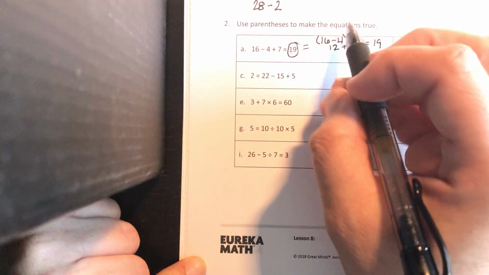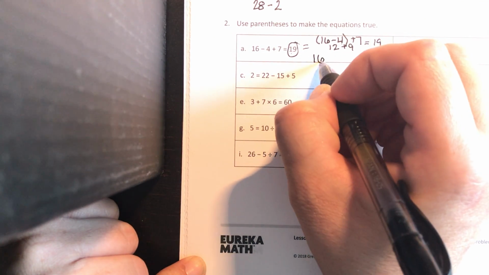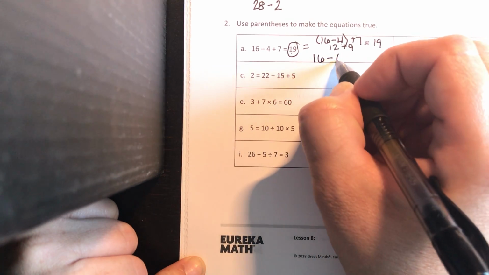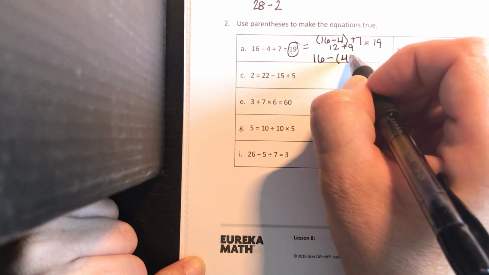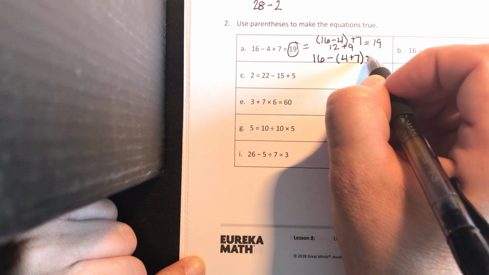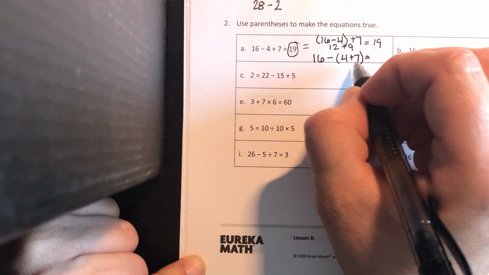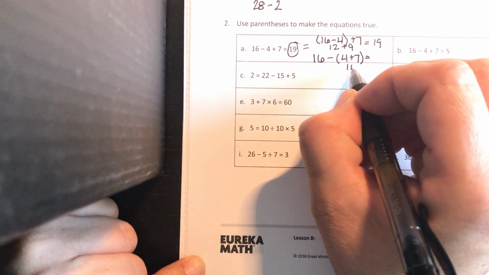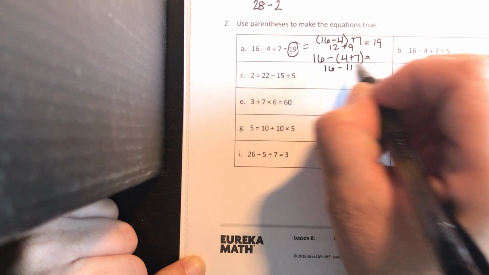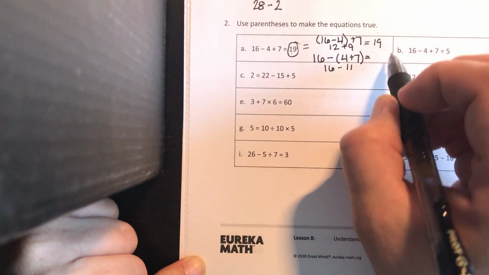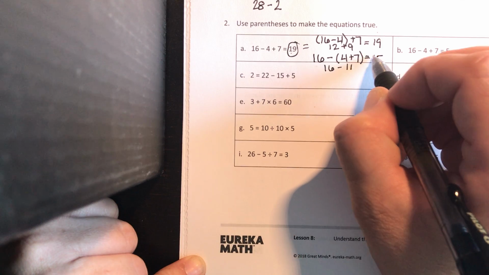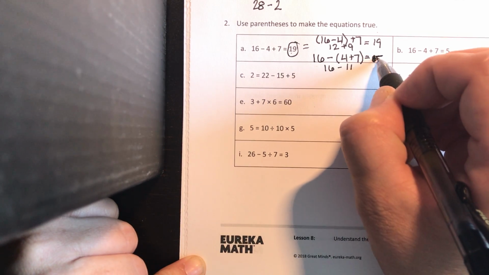Let's check to see if it works the other way. 16 minus, now we'll put the 4 plus 7 in the parentheses. 4 plus 7 is 11. 16 minus 11 is 5.